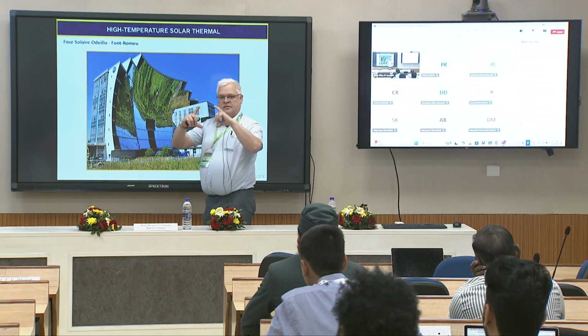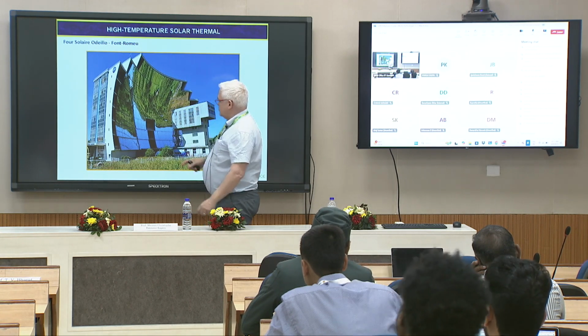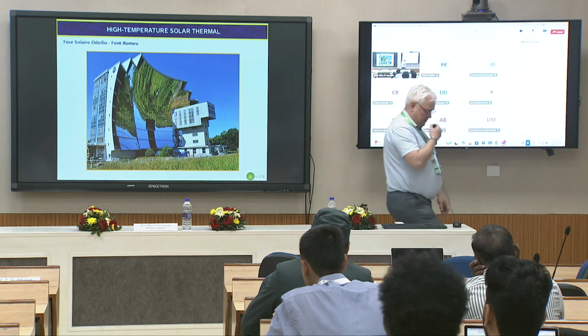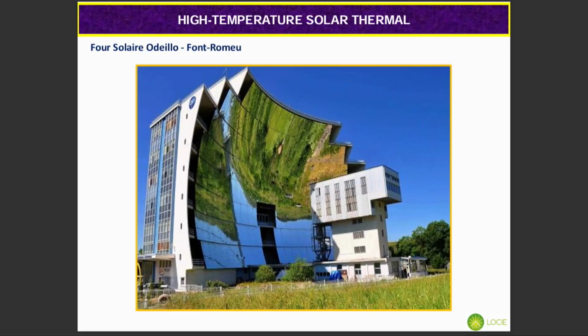Have you seen the number of mirrors? I don't remember how many, but I think close to 20,000 mirrors. So here the question is that the south is behind the building. So it's strange. There's something missing.